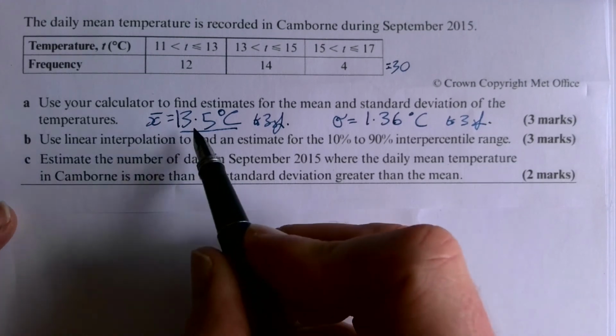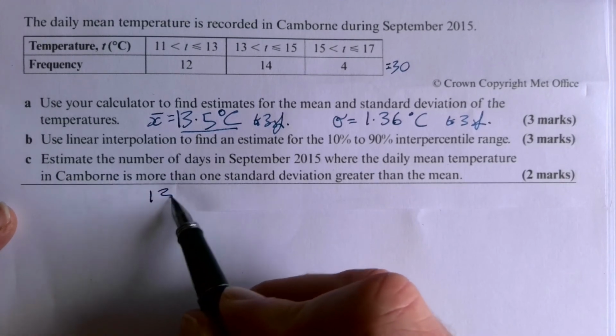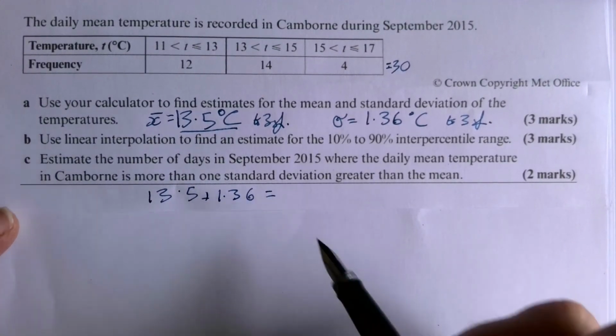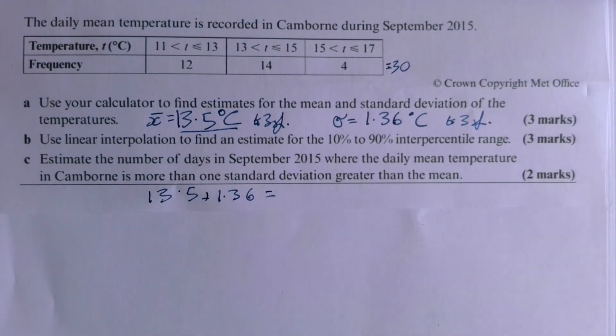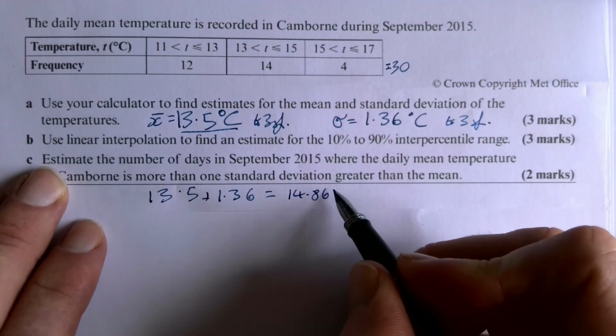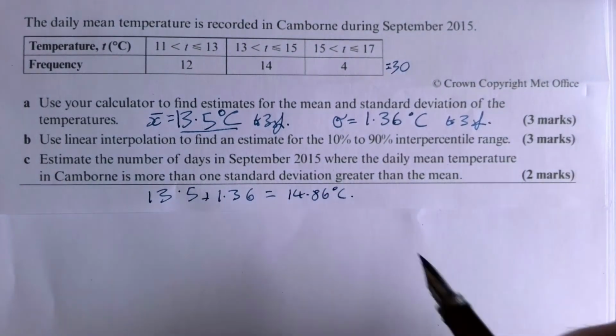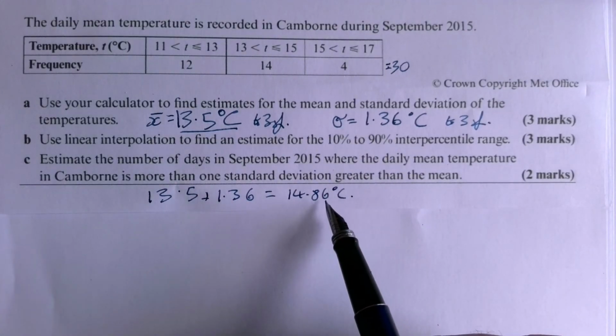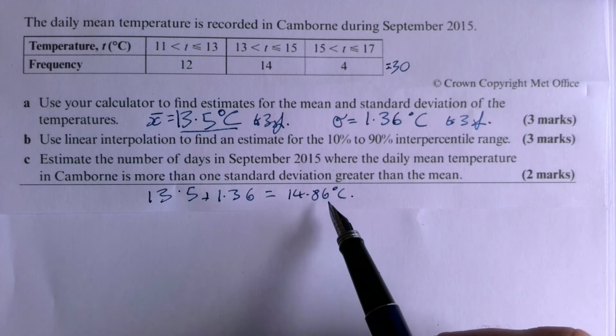So the mean is 13.5, and if you were to add the standard deviation on, you would get a temperature of 14.86 degrees. So we are talking about the number of days when it is going to be hotter than that.